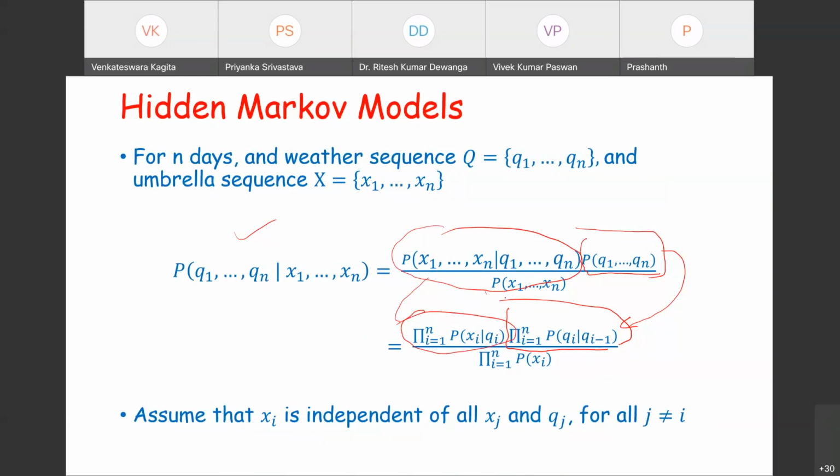So using this, you can write this as a product over the individual probabilities. Using the independence assumptions, we are just rewriting and simplifying the probabilities. Right. So this is simplified.